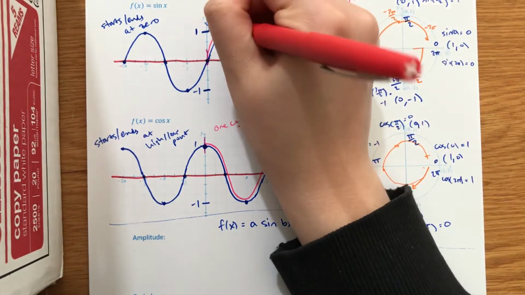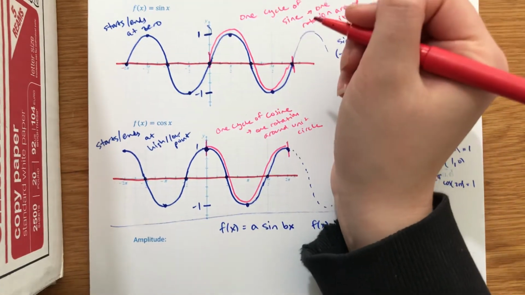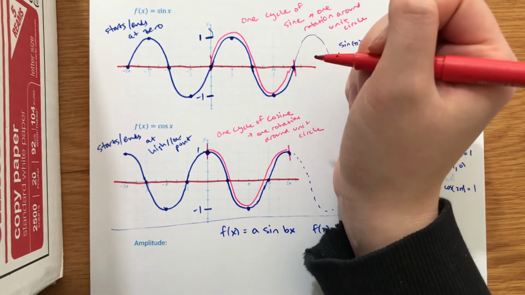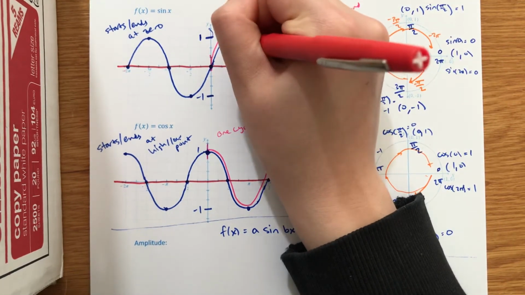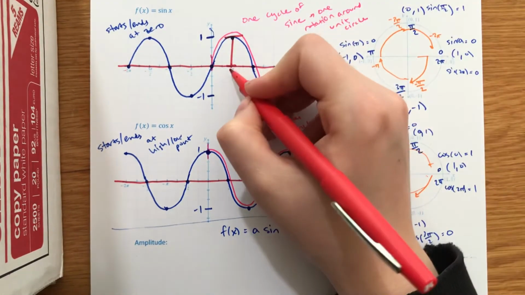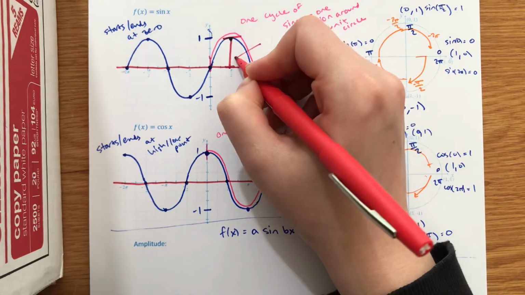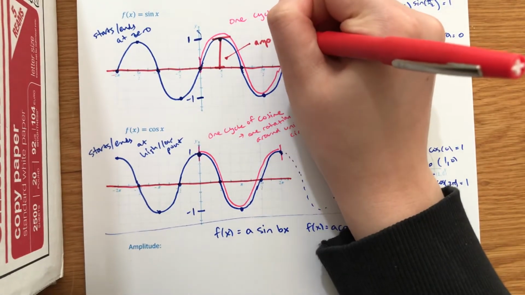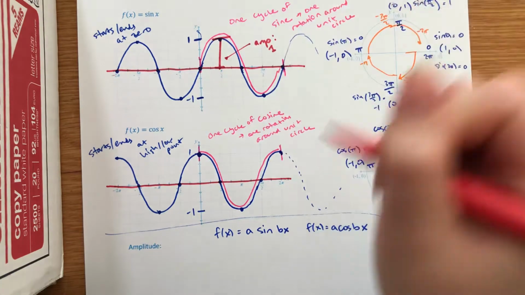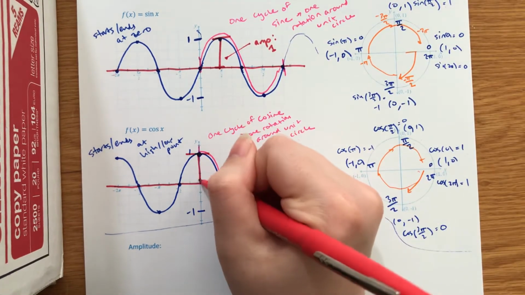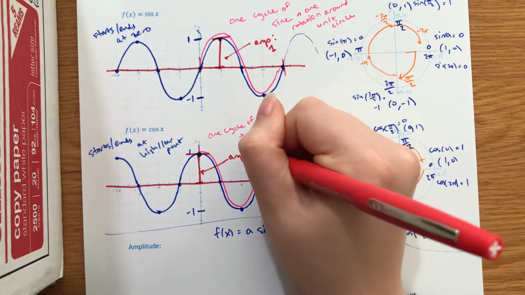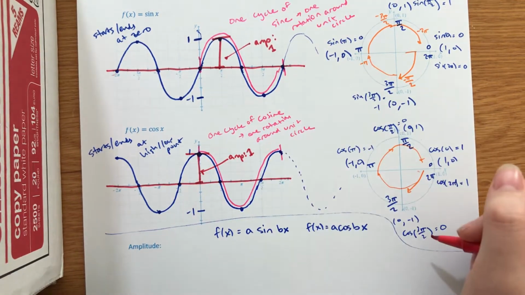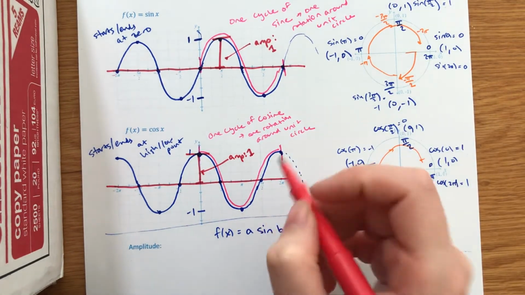So your amplitude right now is absolute value. So amplitude is just measuring how big something is. So we're not taking negatives into account. So amplitude, for example, from here to here, from 0 to 1. So right now our amplitude, I'm just going to say amp, is 1. And same thing here. If we measure from here to here, your amplitude is 1. And same thing for the valleys, right?